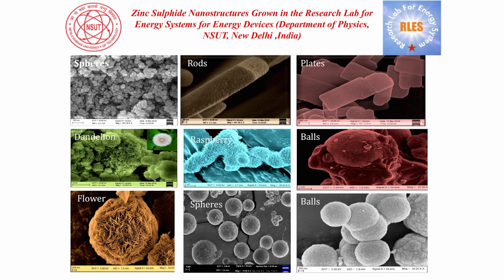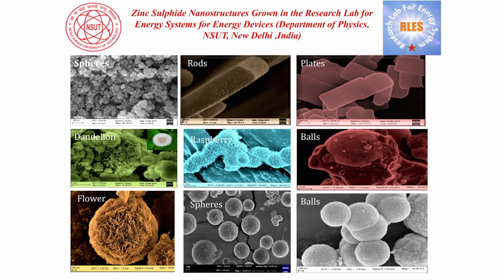ZnS nanorods, nanoplates and dandelion-like structures are used for enhanced photocatalytic and electrocatalytic performances. ZnS nanobelt-like morphology is used for enhanced photocatalytic performance, as the degradation of the surface-adsorbed hydroxyl group.